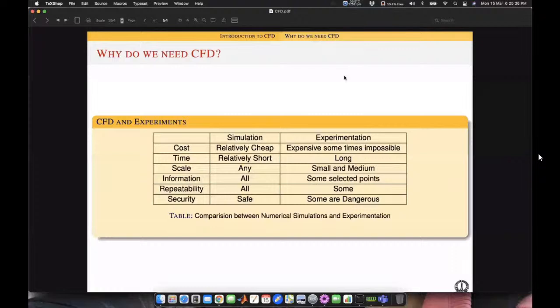As I said, some experiments are tedious to construct. They are also dangerous enough. Everybody might have heard that 2 to 3 years back, there was a large explosion at the Indian Institute of Science wind tunnel lab, and a few researchers who were working there, some of them passed away, and some got serious injuries, and the entire setup collapsed. So it's dangerous.